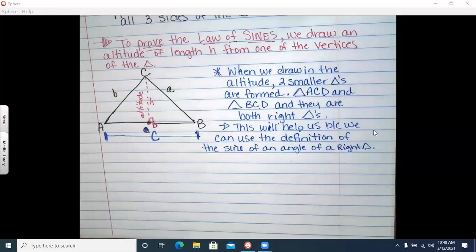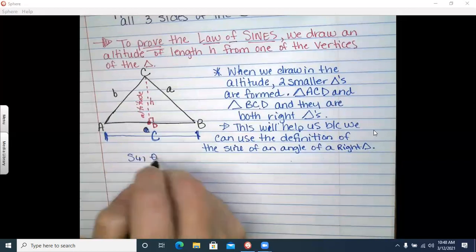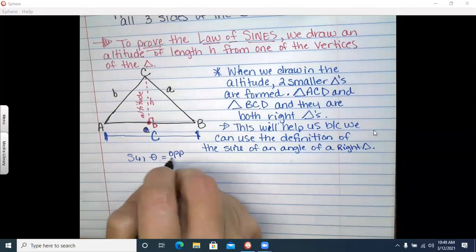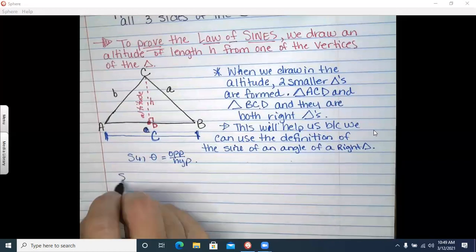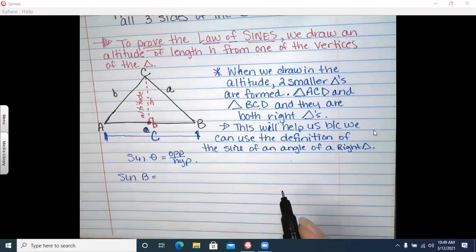All right, so we know that sine of theta is equal to opposite over hypotenuse, correct? Okay. So let's look at the sine of angle B. Sine of angle B equals, what leg is opposite angle B?